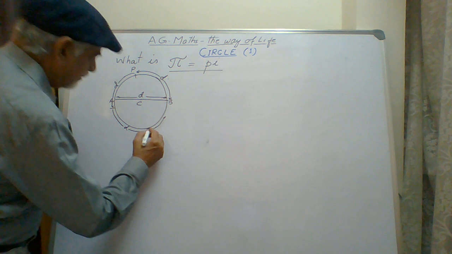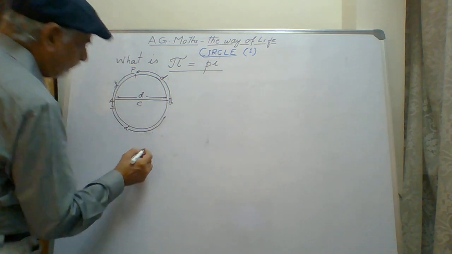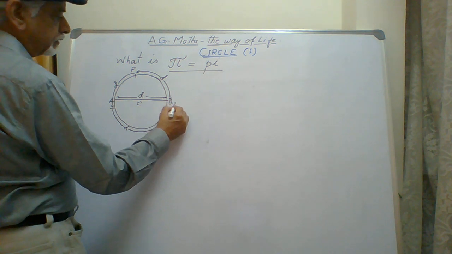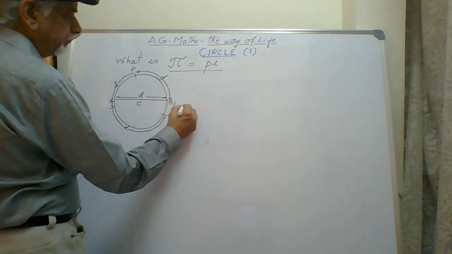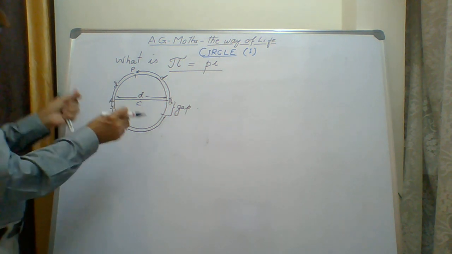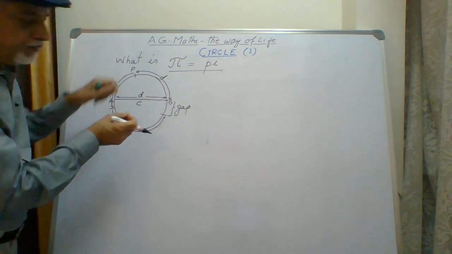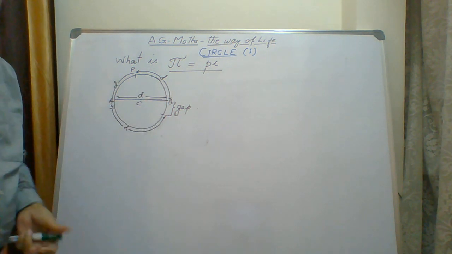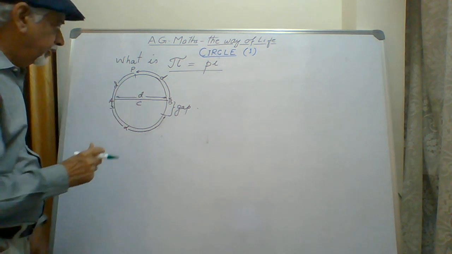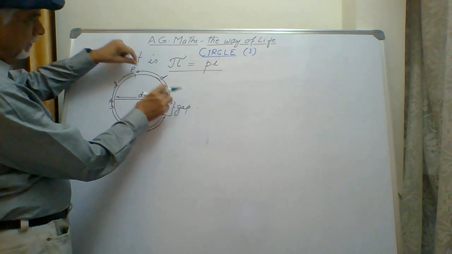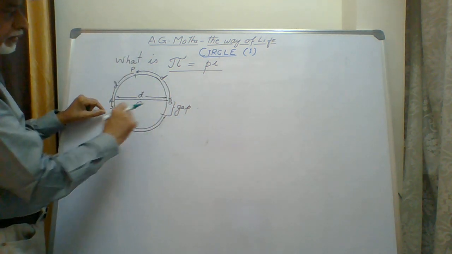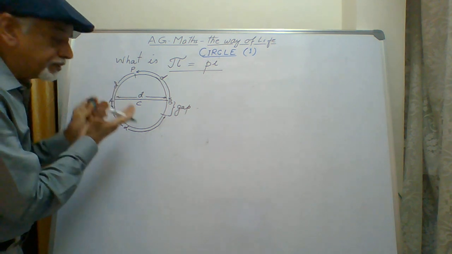Now there was a gap. This portion was a gap. It was not possible to cover it by this length D, which they might have taken as a measuring tape or a rope or a rod, whatever. They found that 1D is covered, 2D is covered, 3D covered on the circumference, which is called the fence of the circle.